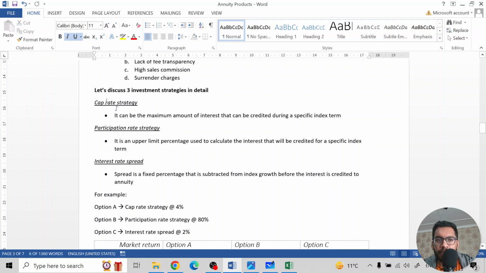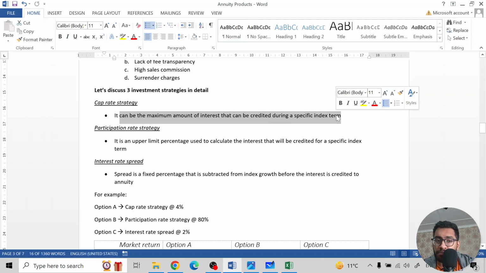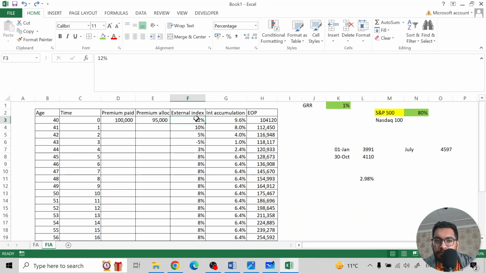Cap rate strategy. It is the maximum amount of interest that can be credited during a specific index term. If you remember, I used the example of 10%, so that is the same thing they are saying. Whatever return is generated by the index, if that return is higher than 10%, then the interest accumulation will be only 10%.